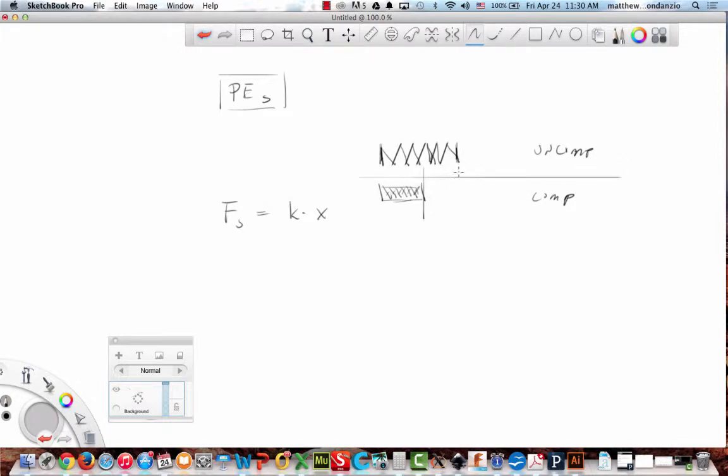The distance I compress it, that is X. There's a certain amount of force required to compress it a certain distance, based on the material of the spring, the outer diameter of the spring, the OD, and the diameter of the wire itself. Those three things affect the spring constant, which is K.